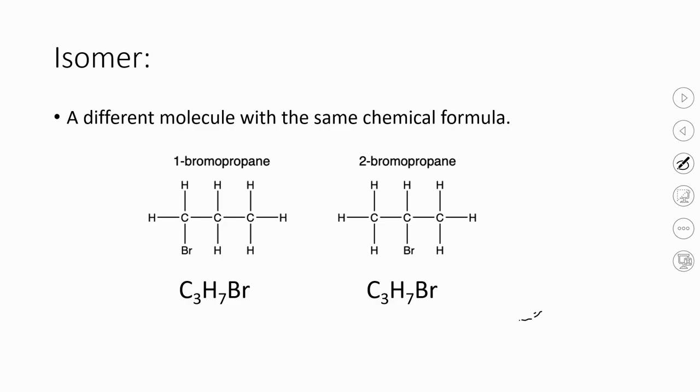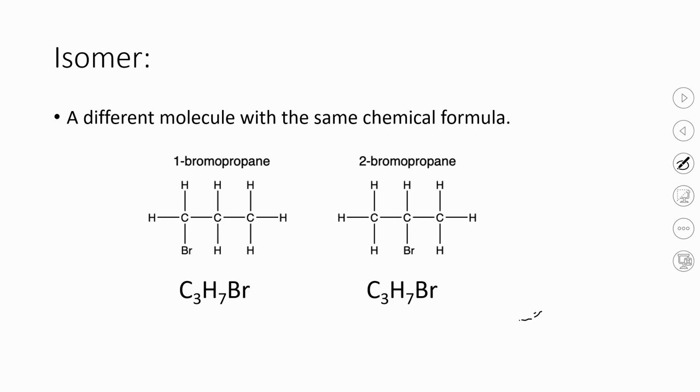And we're going to talk about a few different types of isomers. Today we're just talking about what is called a constitutional isomer. So you are going to have to look at a molecule and decide if it's an isomer or not.